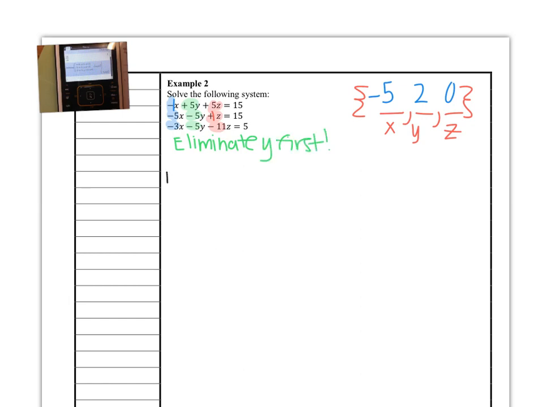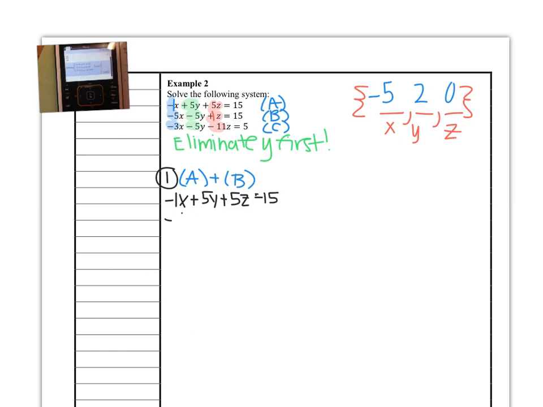Step number 1. After we have our equations labeled as A, B, and C, we have to decide what we're going to add to one another. It looks like A is the positive one again. This is just coincidence in comparison to the first one. So I'm going to stick with A plus B because these are same numbers, opposite signs. I write them out first: negative 1x plus 5y plus 5z equals 15.